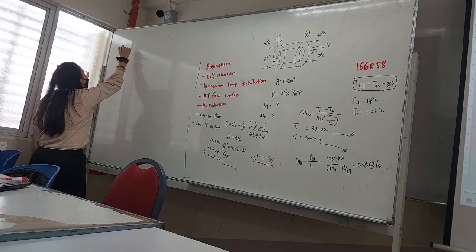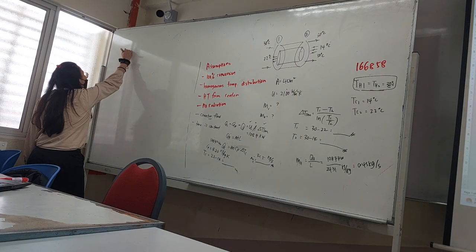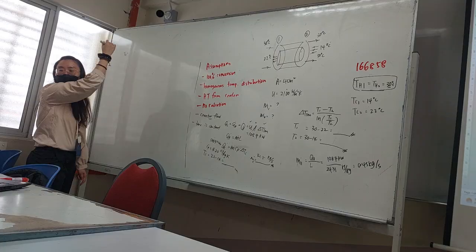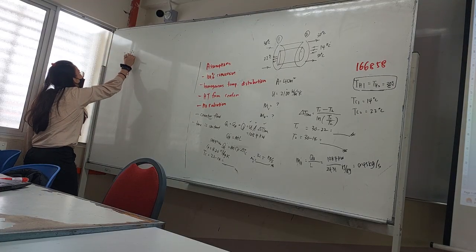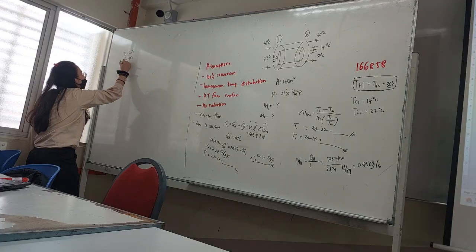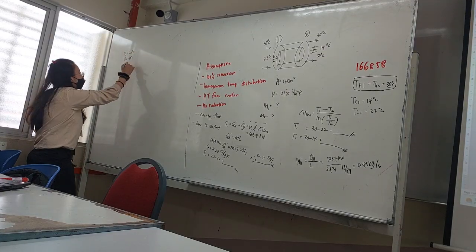So your Tc1 is 20, Tc2 is 80. So m dot Cp they give you is 1.2.